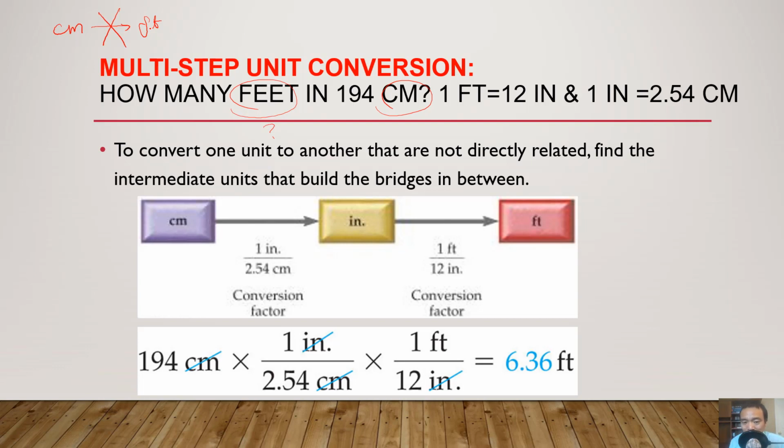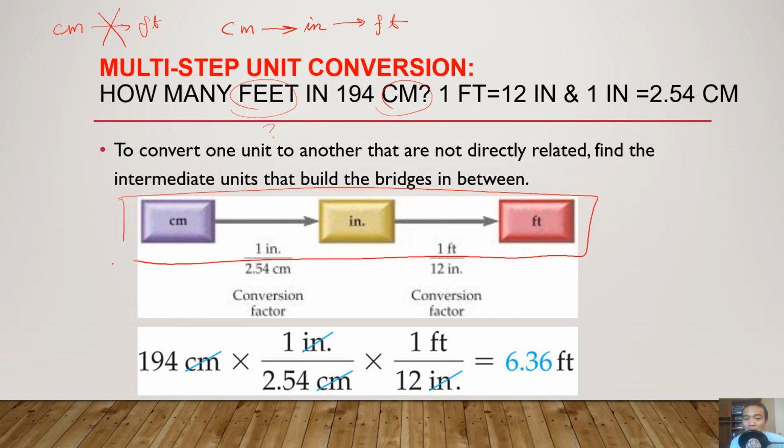So what you are going to do is to find the intermediate step or the bridge to connect these two units. We do know centimeter is related to inch, which means centimeter can be converted to inch, and inch is connected to feet. So that's why you have the solution map listed like this.